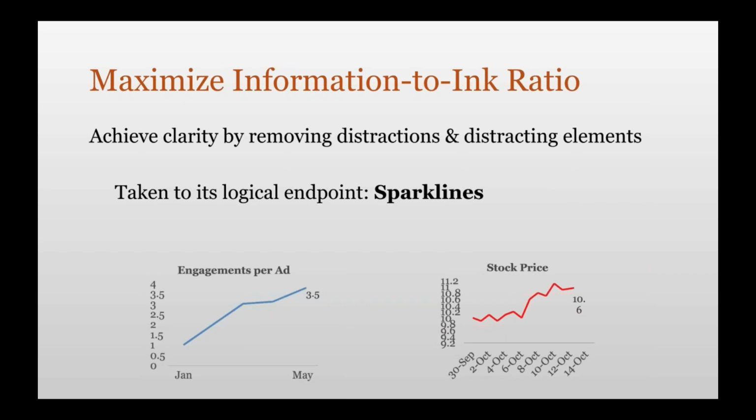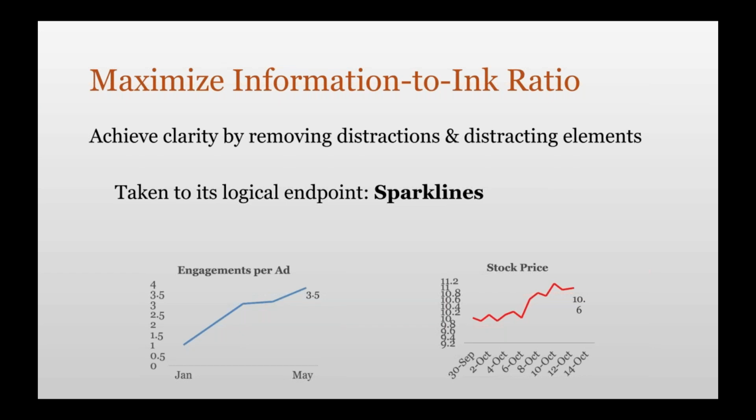The next strategy in terms of visualizing data is maximizing the information to ink ratio. As I mentioned before, just look at your visualization and try to look at the different aspects of it. If you plot something by default, a lot of times you'll see things like tick marks, extraneous labels and grid lines.